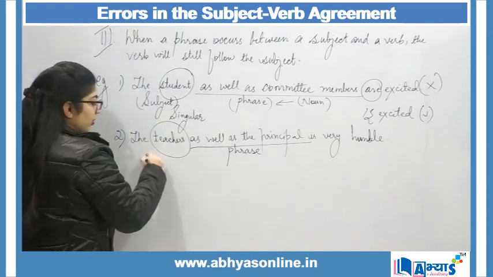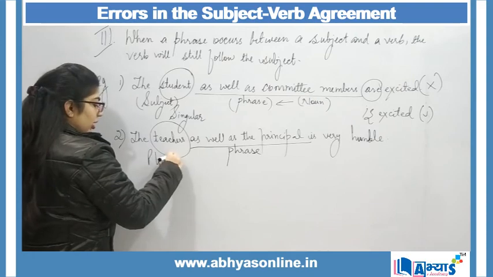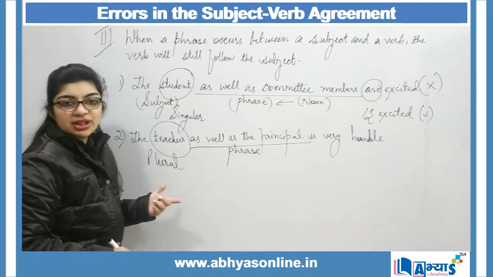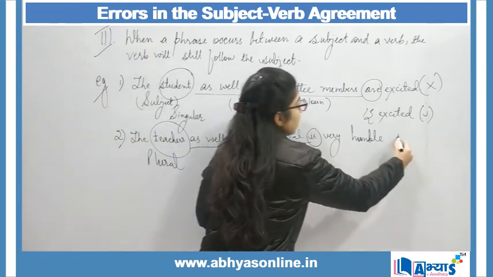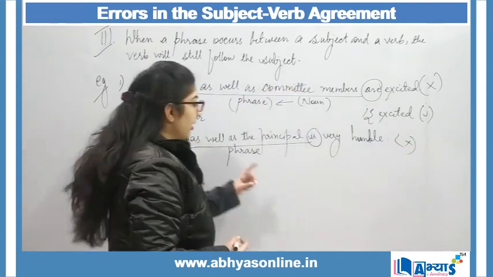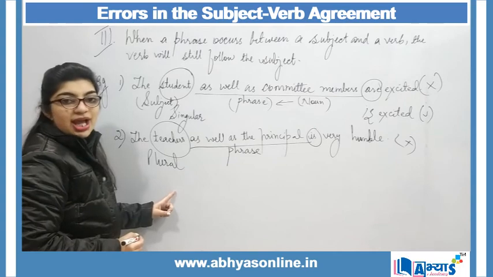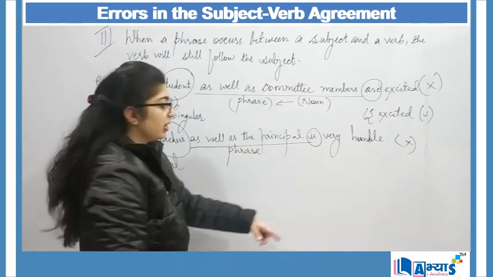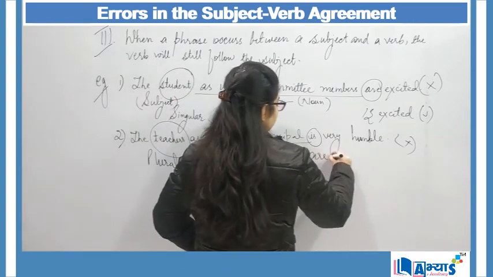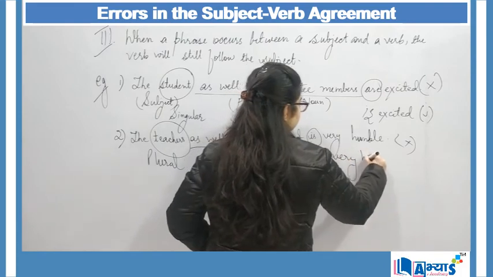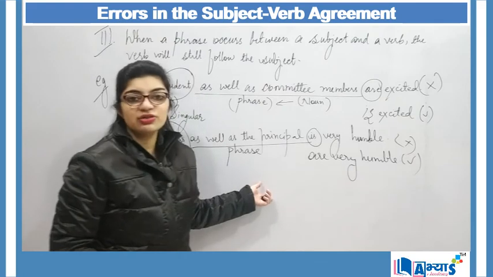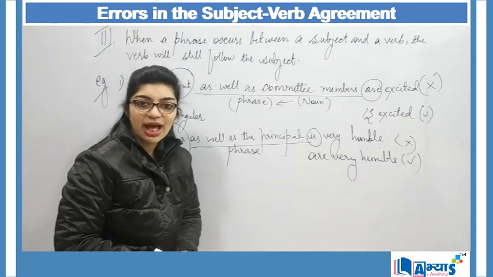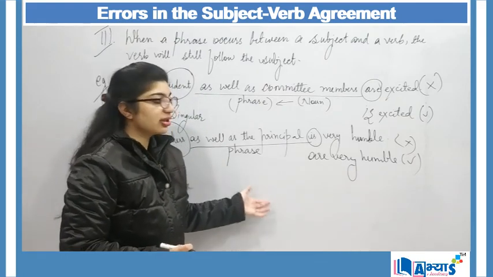My subject over here is plural. For a plural subject, I have to make use of a plural verb. My verb over here is singular. My sentence over here is wrong, because for a plural subject, I will be making use of a plural verb. Over here, I will be making use of are. I have removed the error, so my sentence is now meaningful and correct without any error.